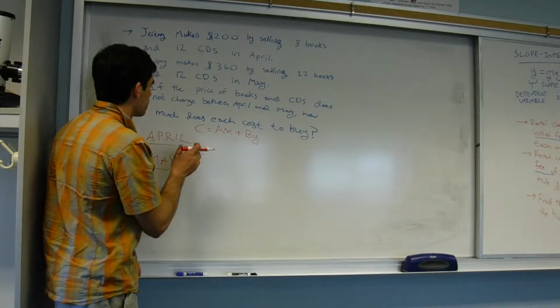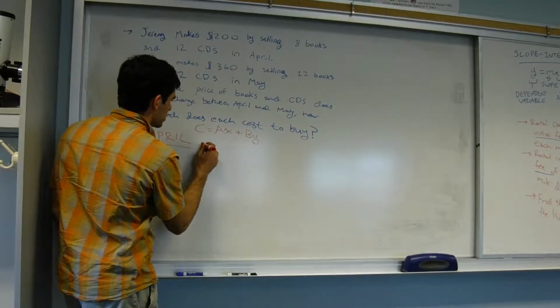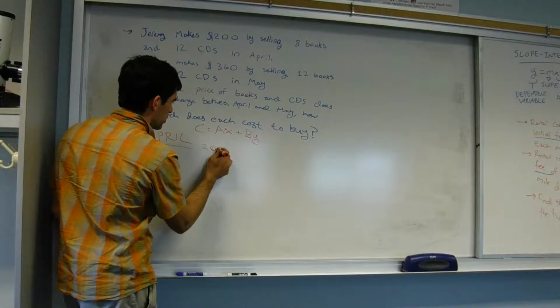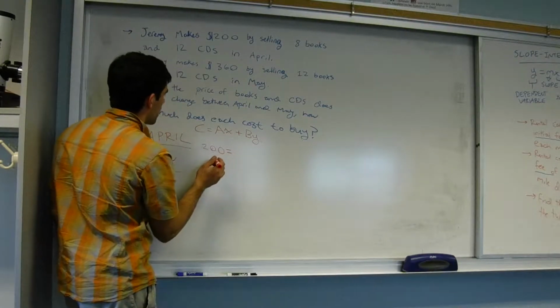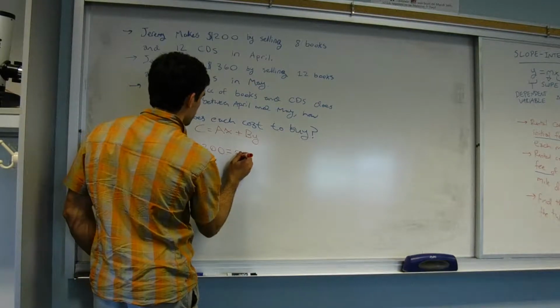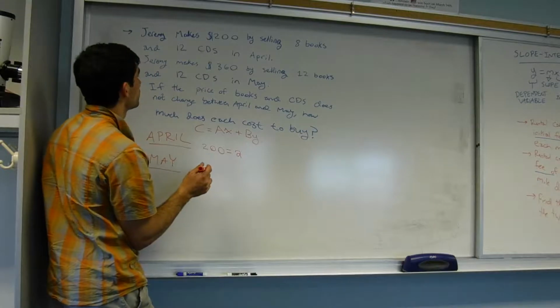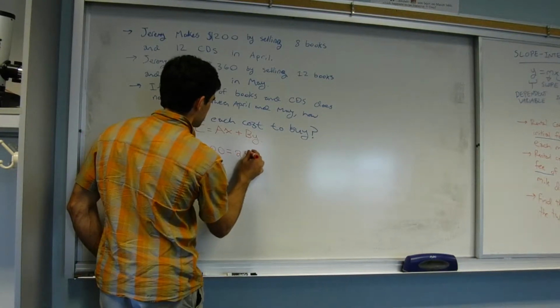So in April, he makes $200, so we're going to call that C. And that is going to be equal to our rate, A, times the number of books, which is 8.